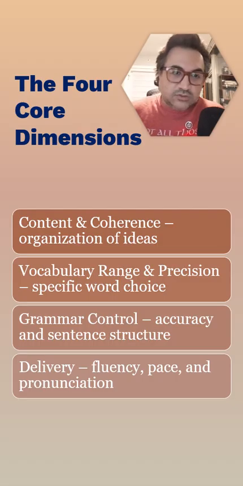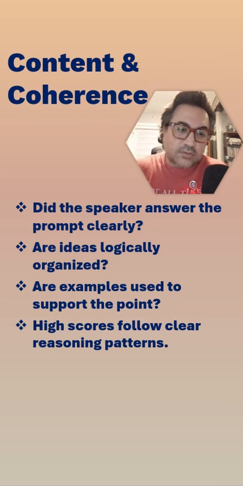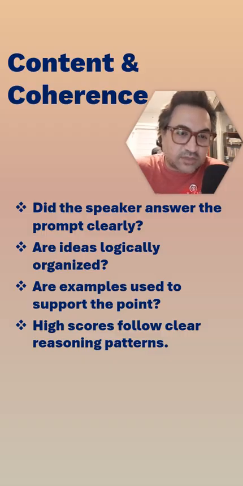Now, let's move on to content and coherence. Let's get more granular here and focus on these in detail. So, these are the questions that you need to ask yourself when you're thinking about content and coherence. Did the speaker answer the prompt clearly? Did you really answer the prompt, or are you talking about something that is off topic?